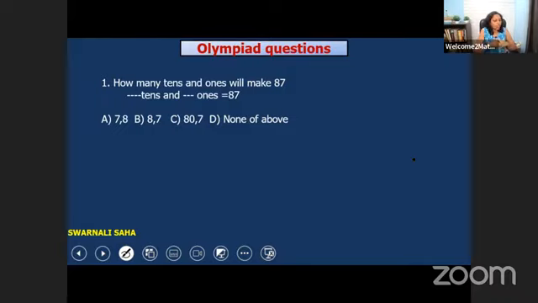Here our number is 87, and it is a 2-digit number. So can you tell how many tens and ones?